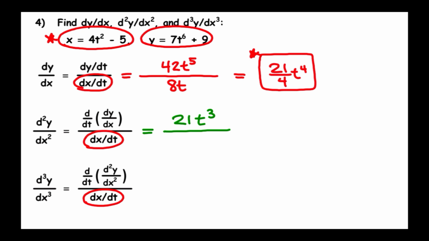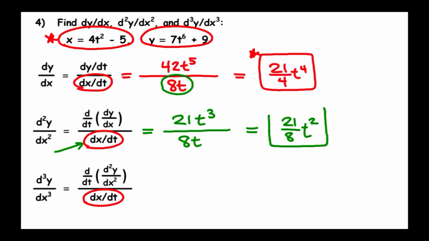But since it's parametric, you still have the dx dt at the bottom. Remember, that was 8t, and it still is 8t. And so simplifying that will give us our answer of 21/8 t squared. And that's our second derivative, dy dx, second derivative.